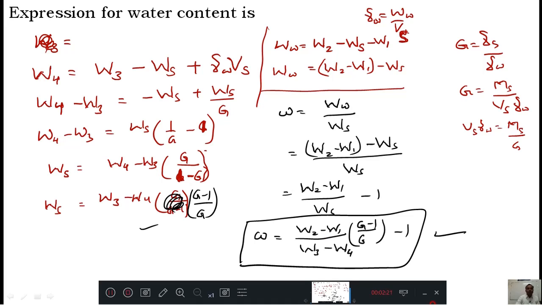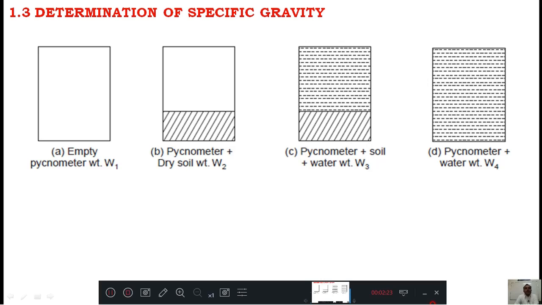Right? Now coming to the determination of specific gravity. The definition of specific gravity was already learned in the first module 1A in the previous sections. But here I just need to show you how to determine specific gravity in the laboratory. You already know this from the BMT lab and many labs, you will be doing this experiment.